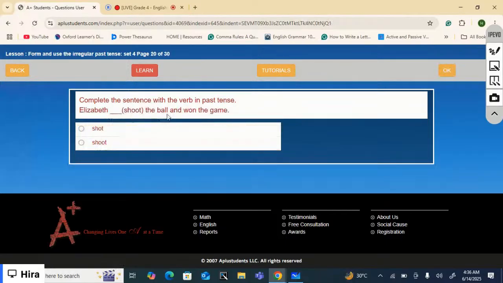Elizabeth blanked the ball and won the game. The verb is shoot. So complete the sentence with the verb in past tense. Is it shot or shoot?